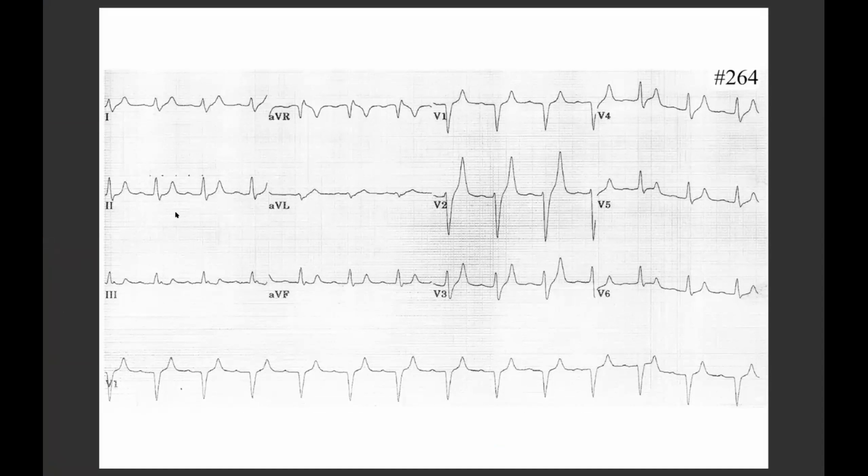As for the axis, if we take this equiphasic or biphasic lead as lead 1, then maybe plus or minus 90 degrees should be our option. And we see a positive AVF, so I say it's 90 degrees in heart axis. Okay, very good. We have a normal axis. Starting with the P wave, we can see this P wave in V2.